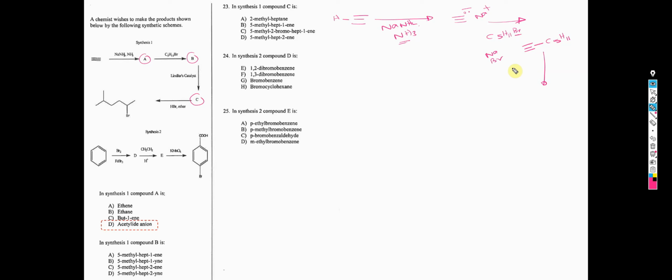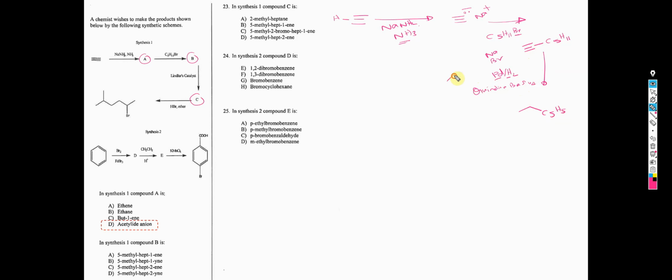Now we have Lindlar catalyst. Lindlar catalyst is nothing but poisoned palladium catalyst. So if you have simply palladium and hydrogen, you are going to convert this into an alkane. Okay, if you don't have anything else other than palladium and hydrogen, you are going to convert your alkyne to an alkene and further to an alkane. But since you have Lindlar catalyst, which is a combination of palladium, hydrogen, quinoline and barium sulfate, right?